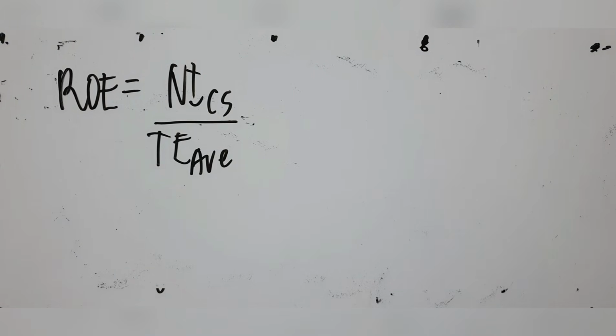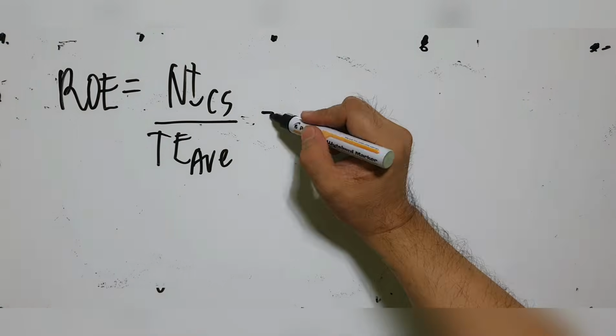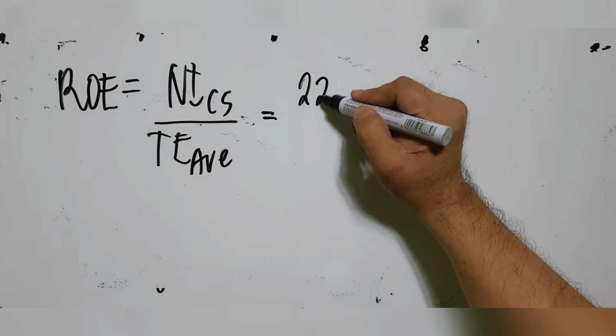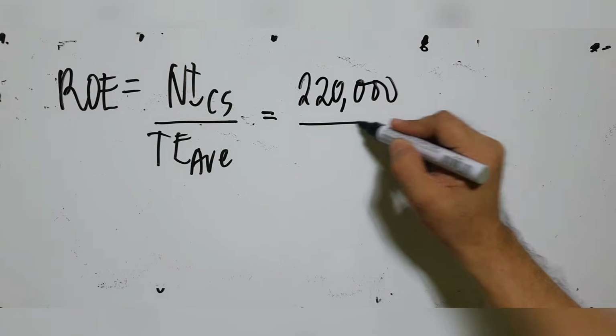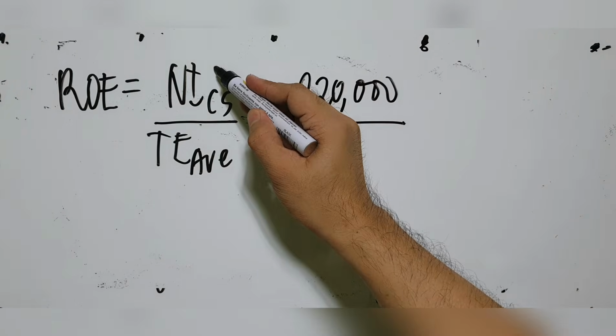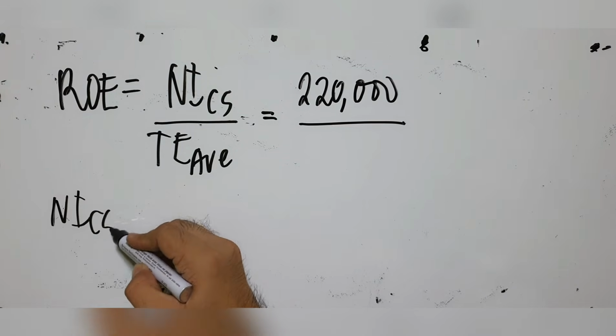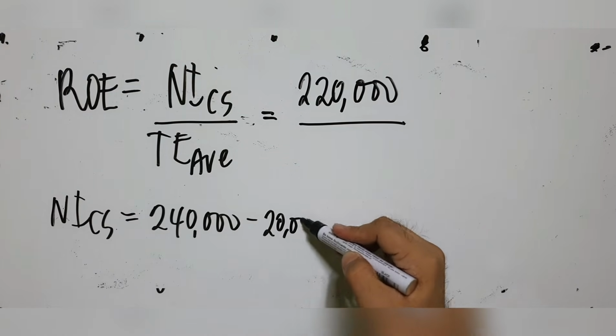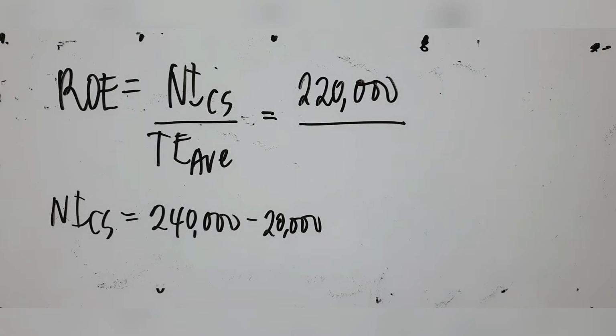So, ang NIX natin, binigay ba? Ang net income available to common stockholders, if you check, we have the net income na 240,000. And then we also have the dividends on preferred stock na 20,000. So therefore, this is 220,000. Okay, again, yung NIX natin ay 240,000 na net income minus the preferred stock dividends na 20,000.